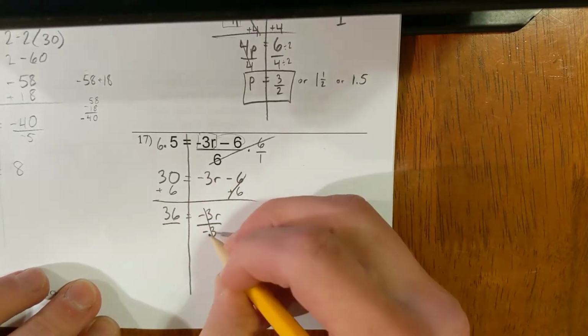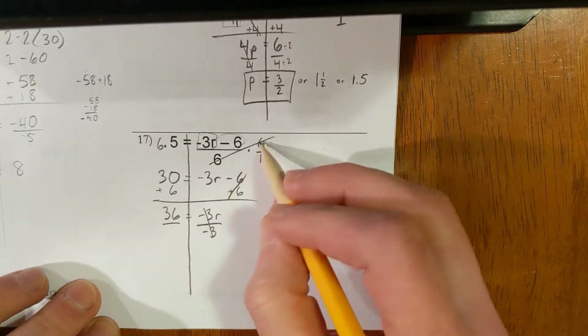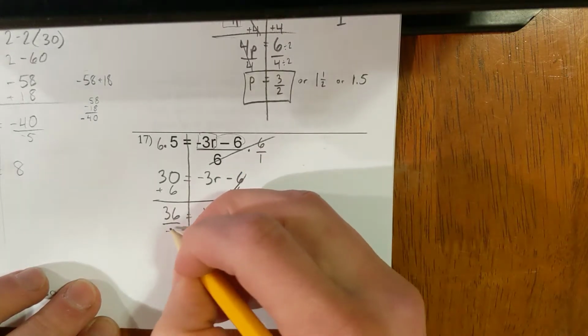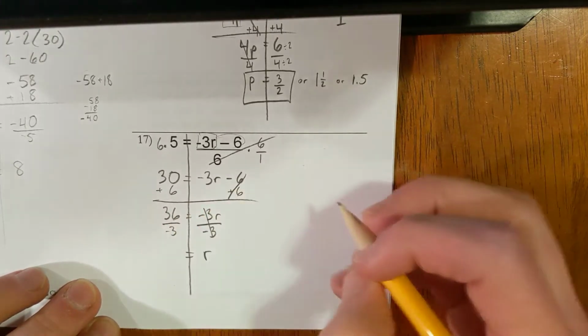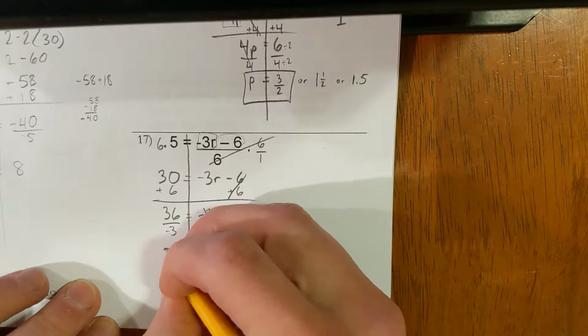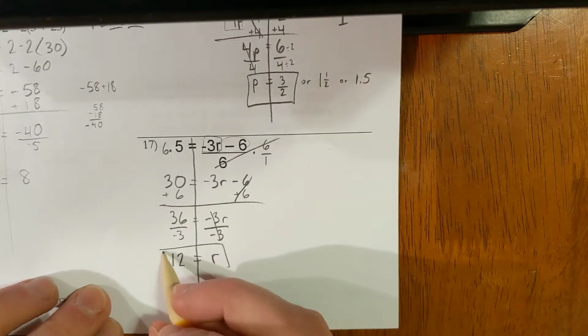So make sure that when you're dividing, it has to be the same exact sign. Same thing with multiplying, it has to be the same sign. So divide by -3. All that's left here is an r, and that is going to equal a total of -12. And there is our final answer.